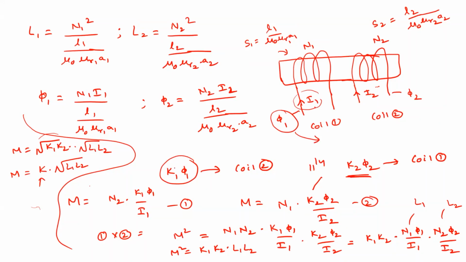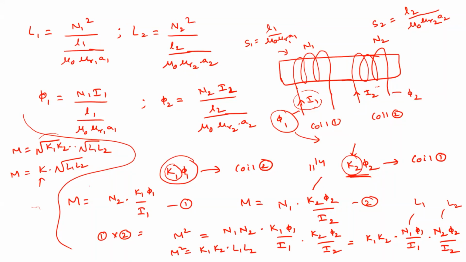That fraction is K1. We assume that only K1 of the flux is linked with coil 2. Similarly for K2, only K2 fraction of the flux produced by coil 2 is linked with coil 1.